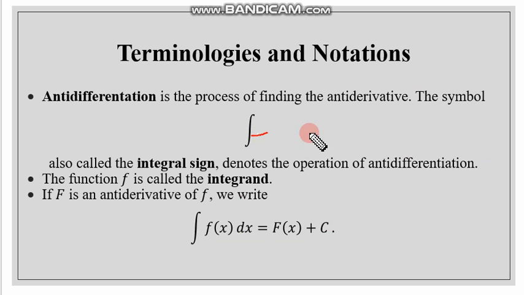This is the integral sign. It denotes the operation of anti-differentiation. The function f of x is called the integrand. And if F is an antiderivative of the function, we write the integral of f of x dx is equal to F of x plus c, where c here is any constant.